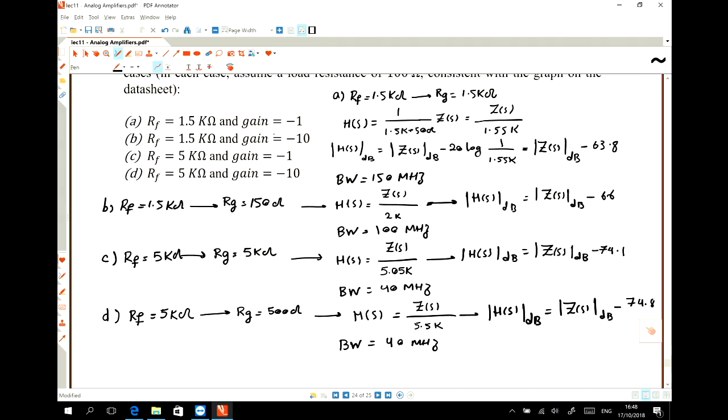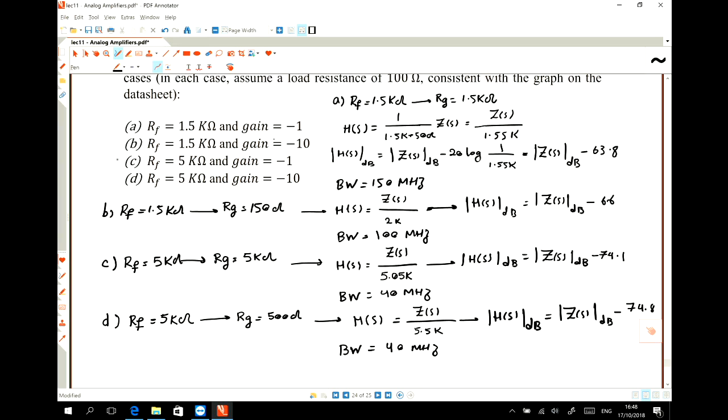So what we can conclude from here is that when RF is high, it does not matter what the gain of the system is. The bandwidth is almost similar when RF is high. But when RF is low, like this, then it does matter what the gain of the system is, and the bandwidth is changing.